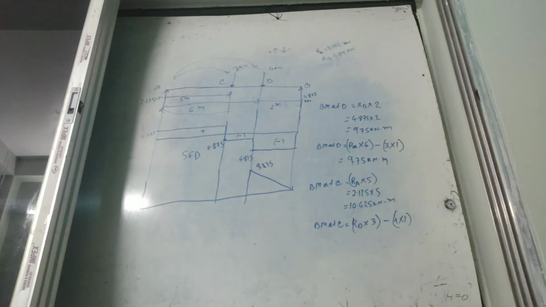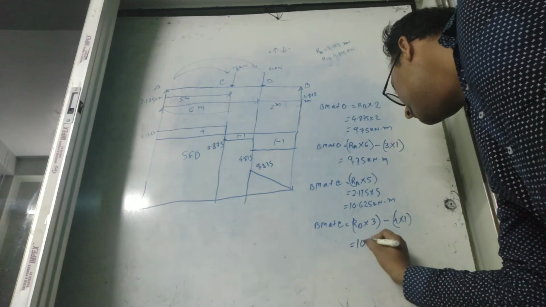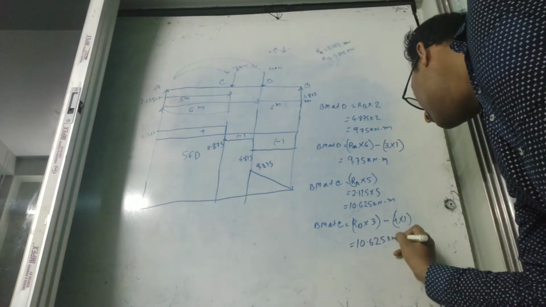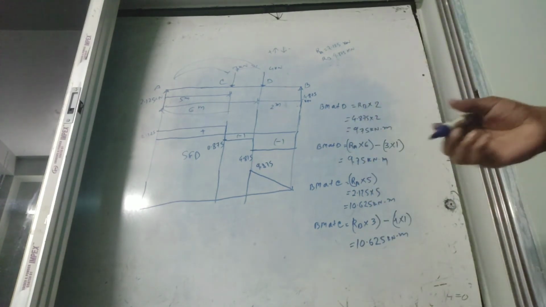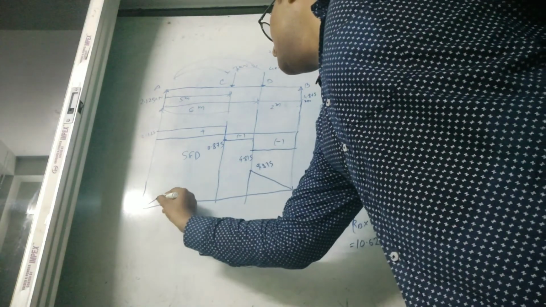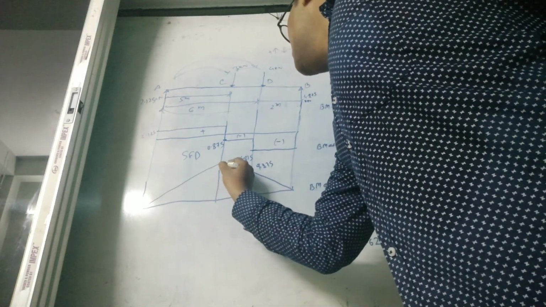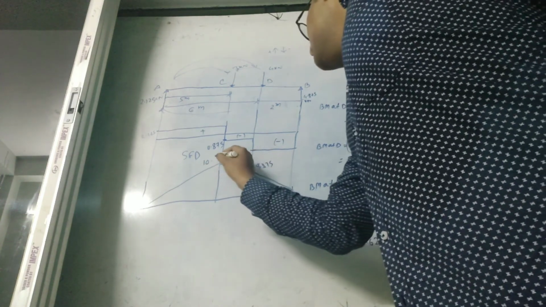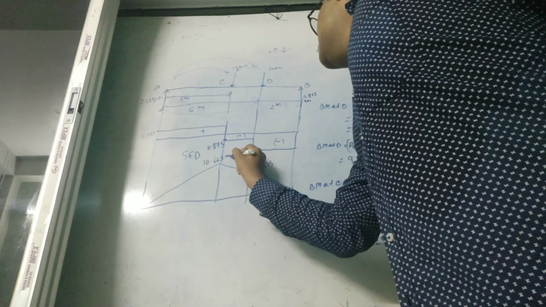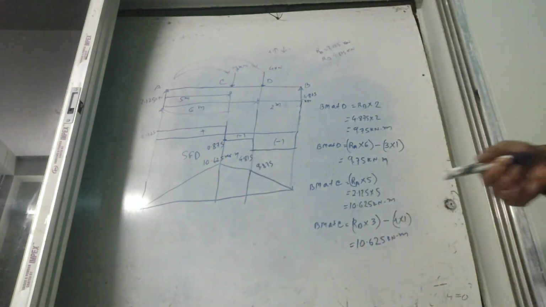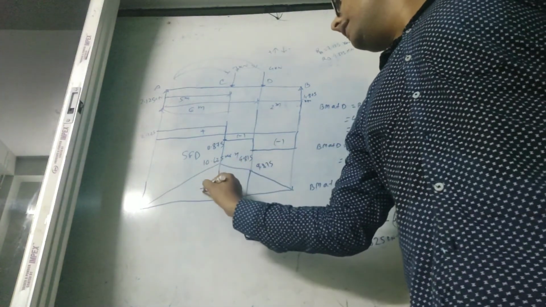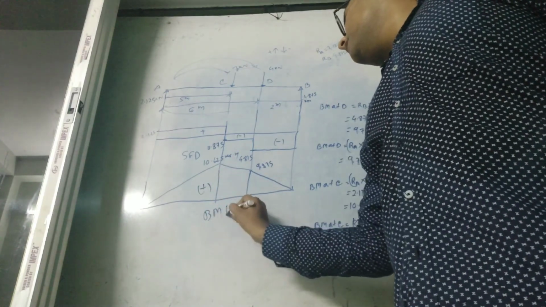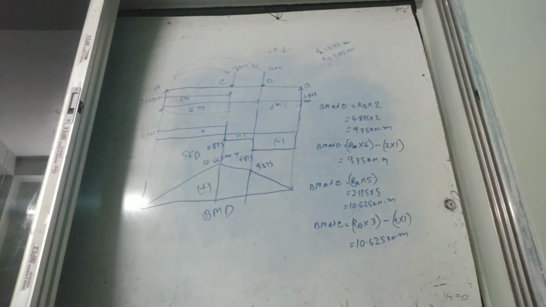Okay, RB is 4.875 into 3 minus 4, 10.625. So from any side we go, our answer will be same, 10.625. Connect both of these. All are in the straight line because we are calculating point load.